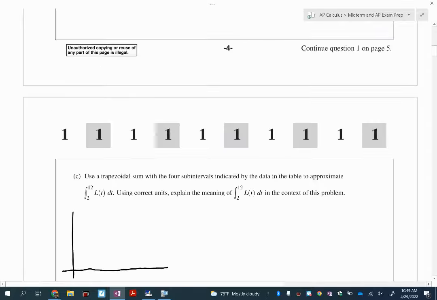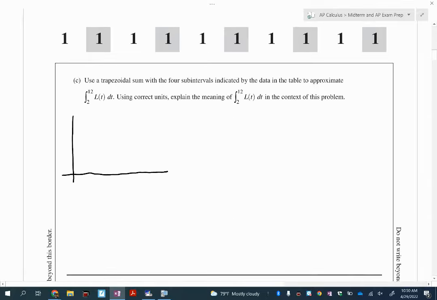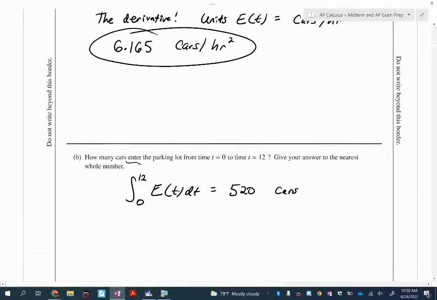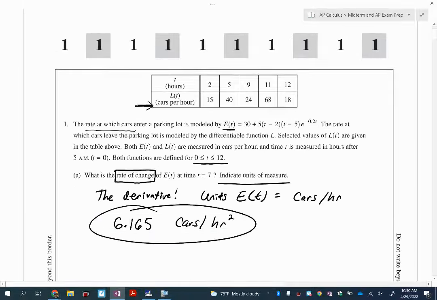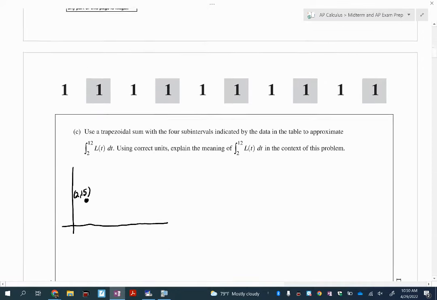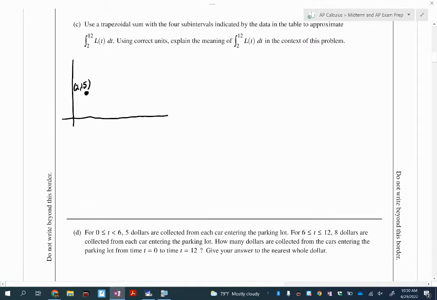I'm going to plot, just again, this is just made up, 2, 15. Everybody still with me? That's 2 comma 15. Just from the table. So the rate at which cars are leaving at 7 a.m. is 15 cars per hour. What's the next ordered pair? 5 and 40.